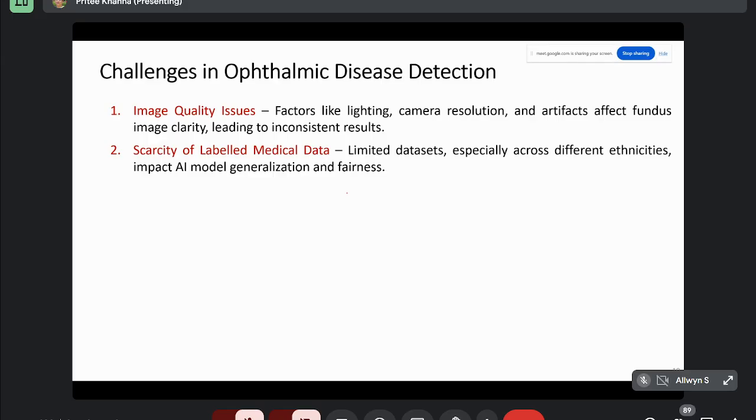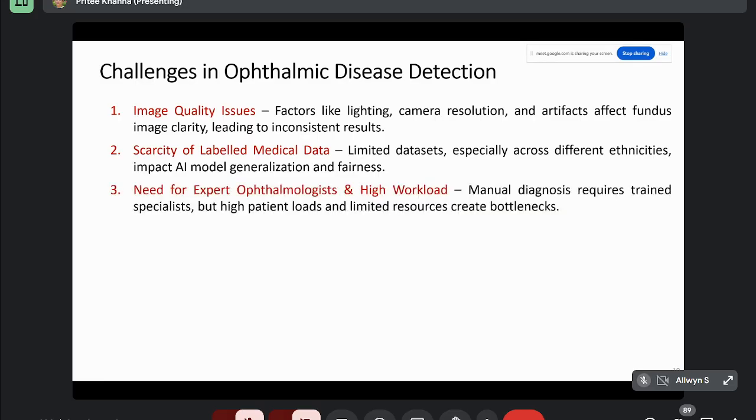So we need a good amount of data so that we can train our model and make our model generalizable, right? Then there is the need for expert ophthalmologists and high workload. Of course this manual diagnosis requires a lot of time, and they are already busy. If you ask them to do this job for you, then it is a very difficult task.